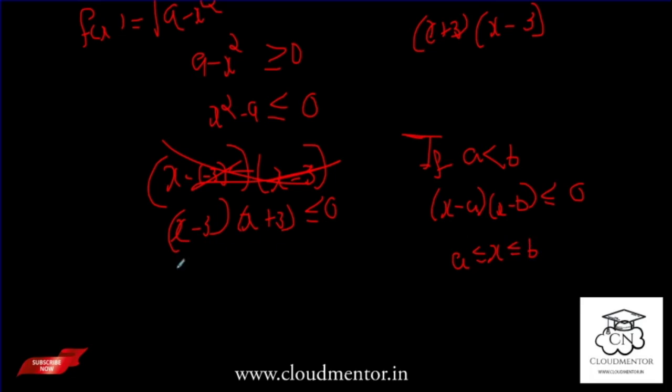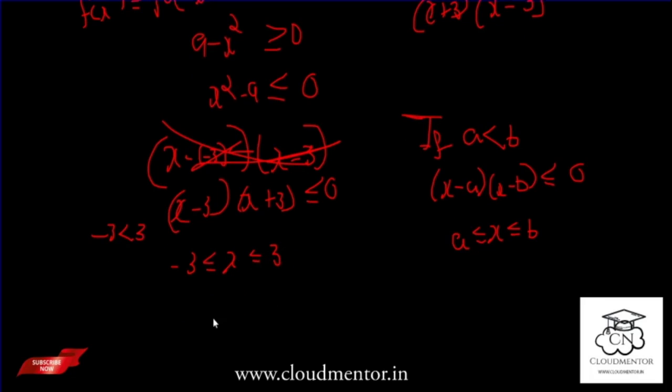Here minus 3 is less than 3, so in the place of a we have minus 3, and in the place of b we have 3. So we can write the value of x as minus 3 less than or equal to x less than or equal to 3. Okay, so that is the possible value of x here.